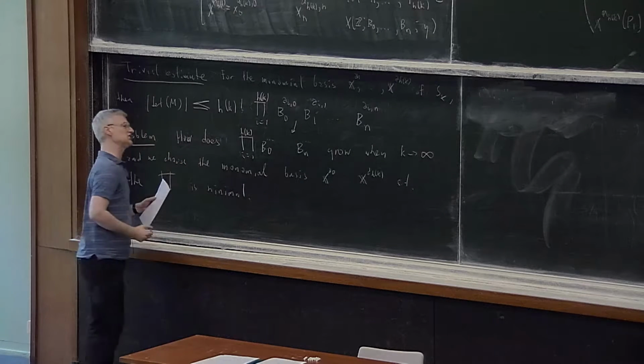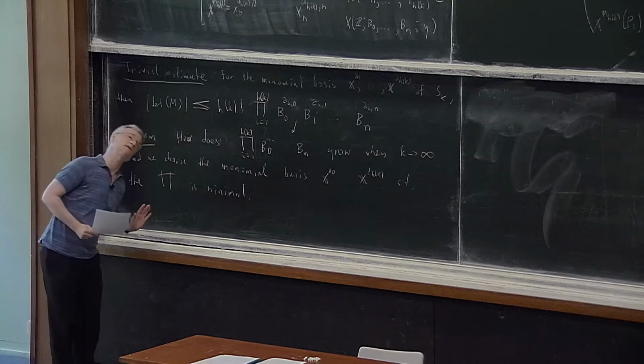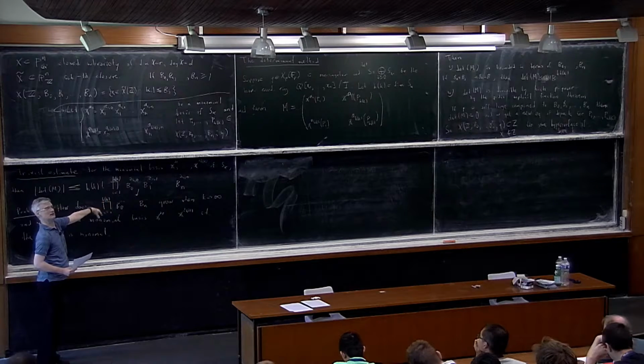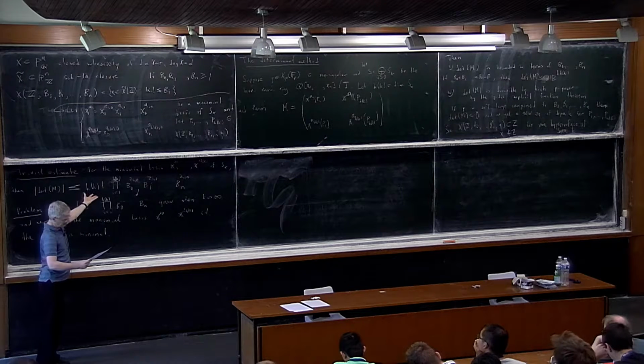I mean, there is a minimal choice because there are only finitely many monomial bases for each k, so I want to study that, and I want to study what happens when k goes to infinity.